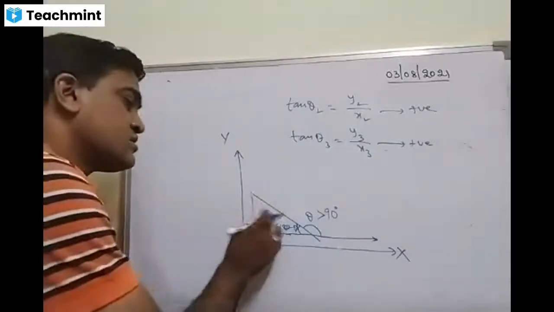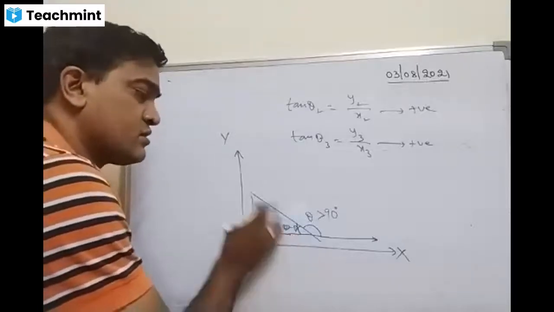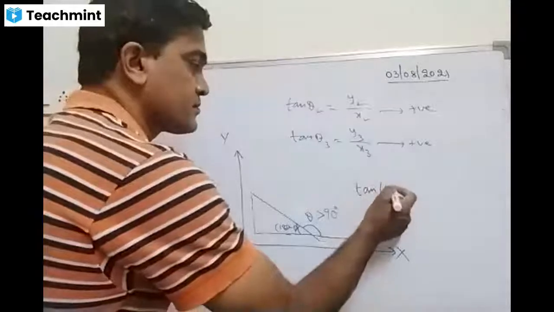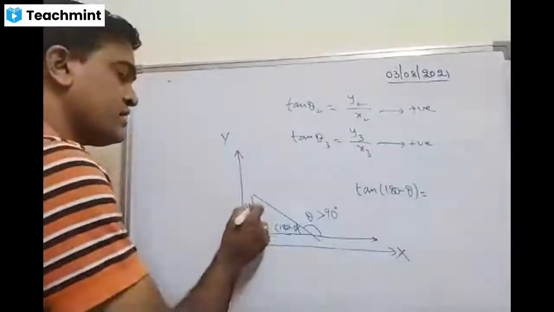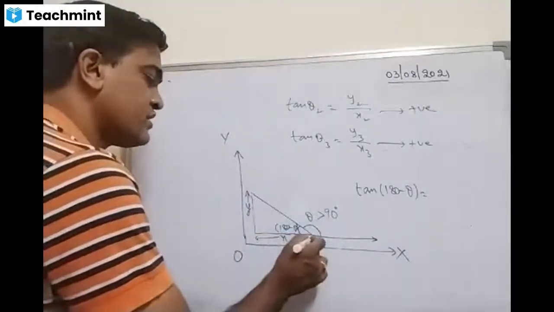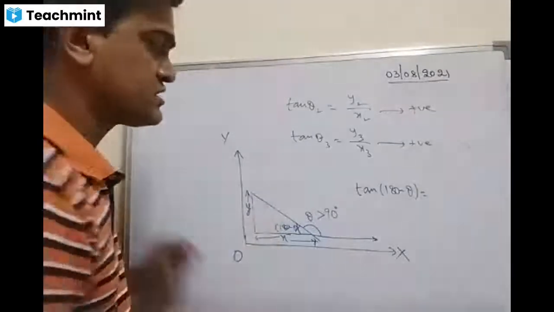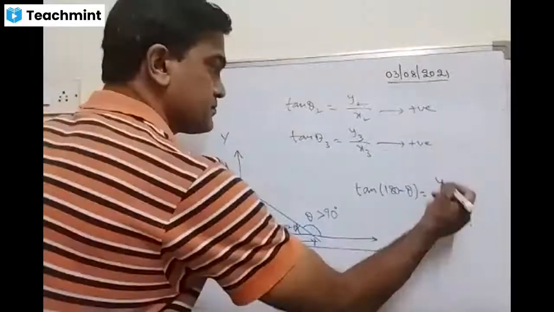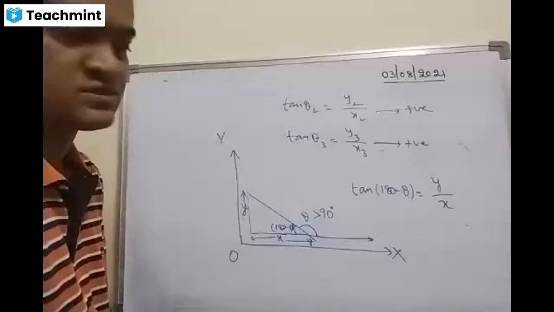Now, this is the opposite side and this length is the adjacent side. From this triangle, what is the value of tan of 180 minus theta? Let me take the opposite side as y and this length as x. Tan of 180 minus theta can be written as y by x.